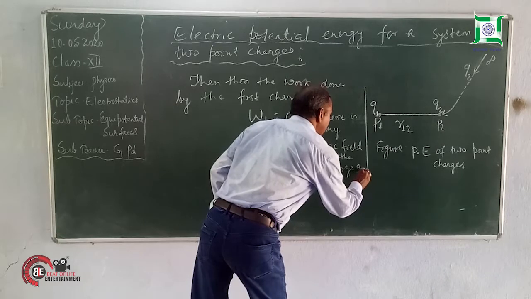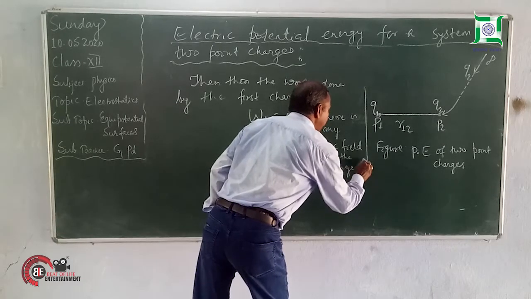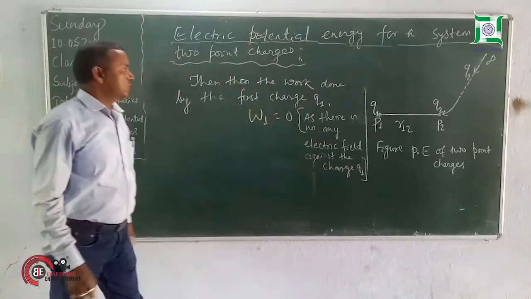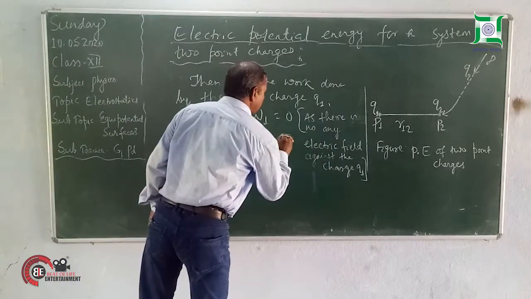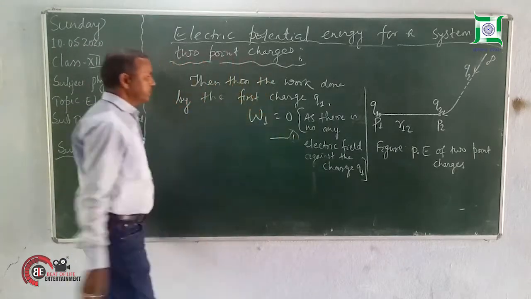So the work done by it will be equal to 0. We can call this equation 1.